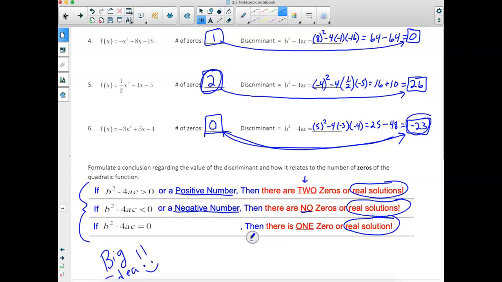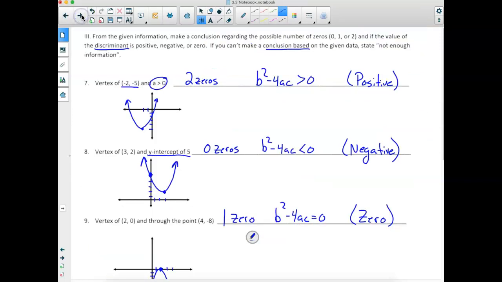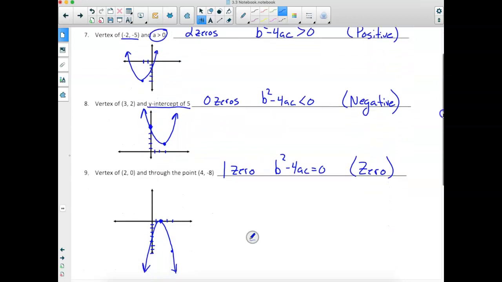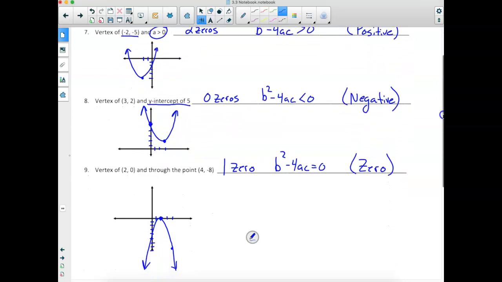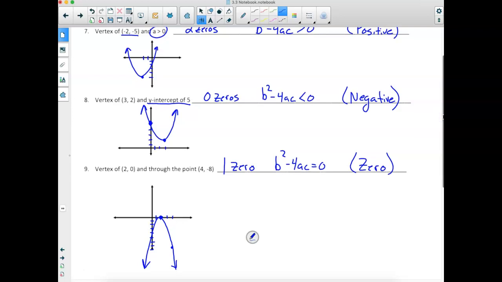So if there are no zeros, then there are no real solutions because I had no x-intercepts. And I can just find those just by graphing a few points, making a rough sketch of a graph that I know. Just by looking at that thing, I can say, hey, this thing has so many zeros.